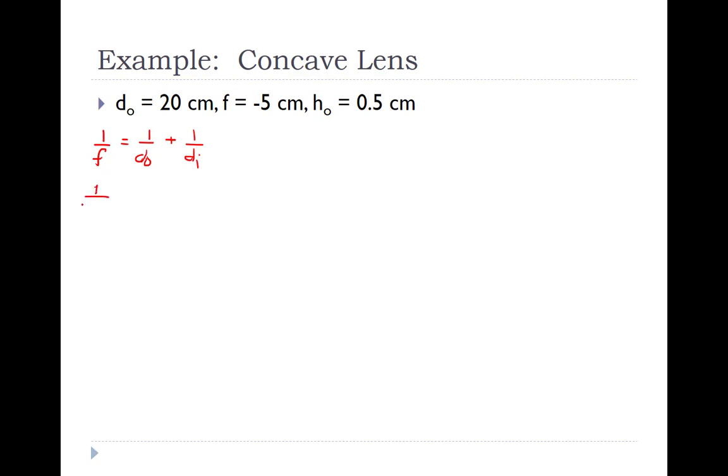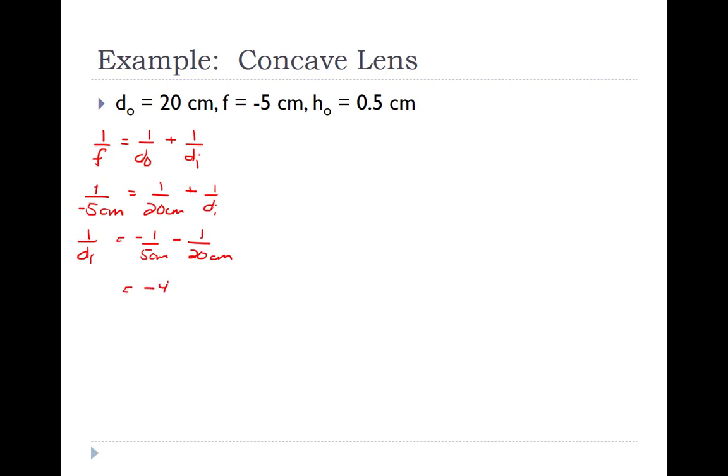Okay. Plugging in 1 over negative 5 centimeters equals 1 over 20 centimeters plus 1 over di, which means 1 over di equals negative 1 over 5 centimeters minus 1 over 20 centimeters. Remember to find a common denominator here.